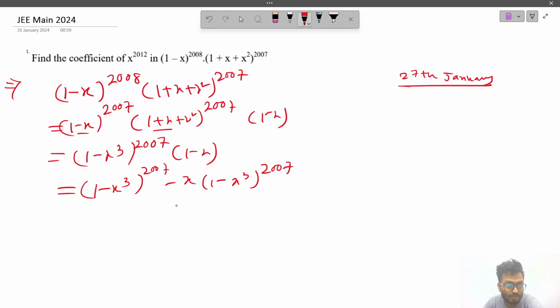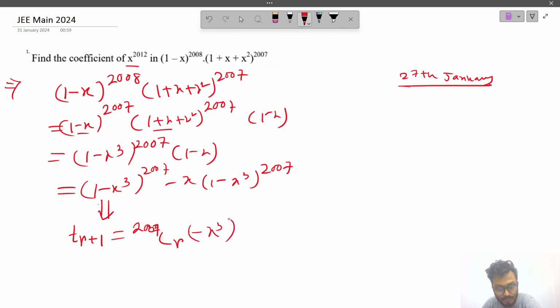Right. So we have to find the coefficient of x to the power 2012. Now let us suppose that in that expression the T(r+1)th term has x to the power 2012. So what will be the T(r+1) term? It will be 2007 C r into (minus x cube) to the power r into 1.